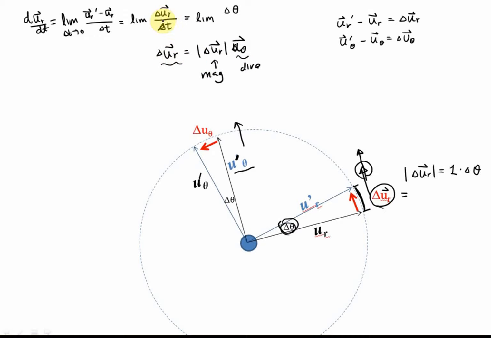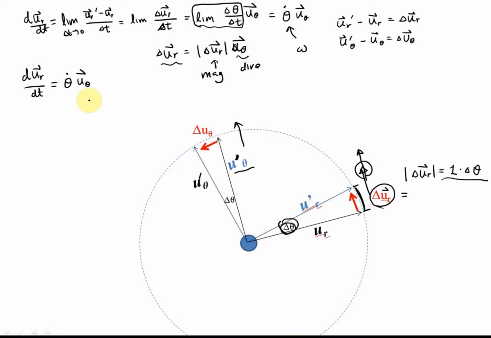So I replace delta u r with the magnitude, delta theta over dt, times u theta. This delta theta over dt is the time rate of change of your angle. That is theta dot, and u theta. Sometimes we call this omega, which is angular velocity. So finally we got d u r over dt is theta dot u theta.